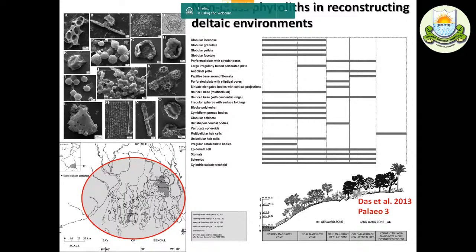So we started investigating the non-grass, and we collected about 33 non-grass covering both mangrove plants and mangrove associates, and covering these 5 subzones, and we found that globular morphotypes are dominantly produced in the mangroves, whereas the mangrove associates or plants collected from the mesophytic zone produce hair cell bases, anticlinal plates or other morphotypes which are not evident in the mangrove plants.